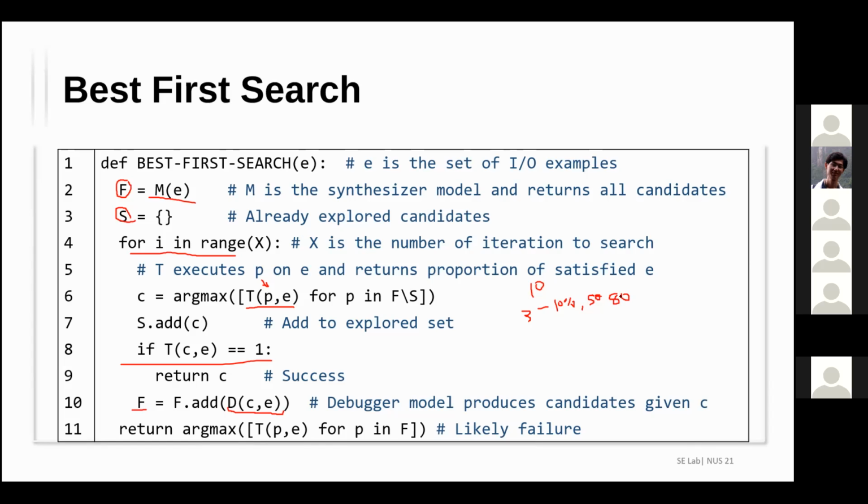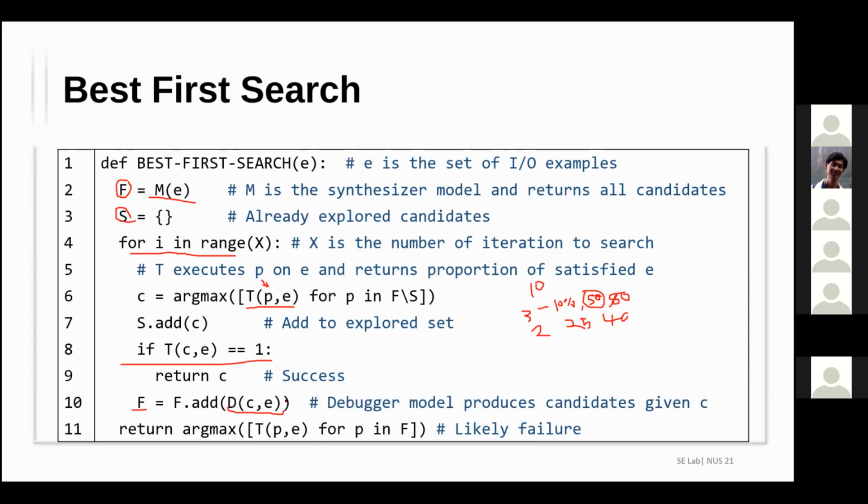By right, the algorithm will choose the 80% one, and it will pass through the debugger. But the debugger might produce another 2 programs, one of them with 25% and one of them with 40%. So in the next iteration, we will actually take the 50% algorithm as the best candidate instead.